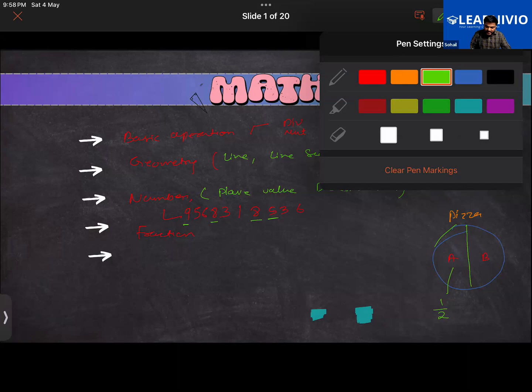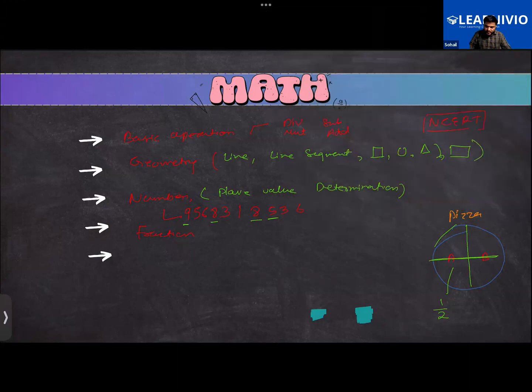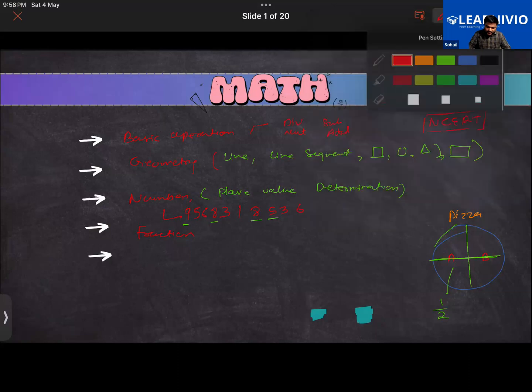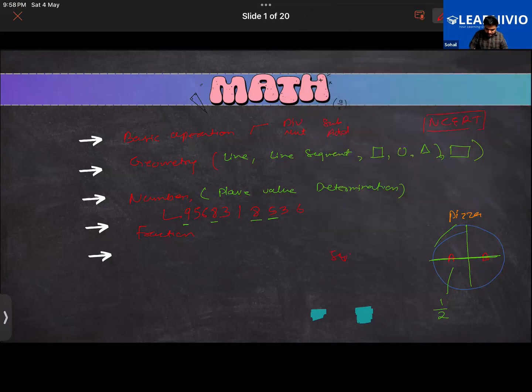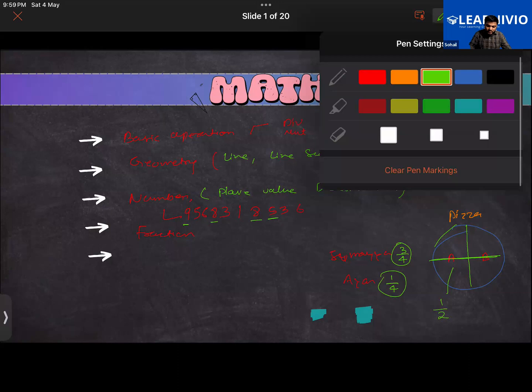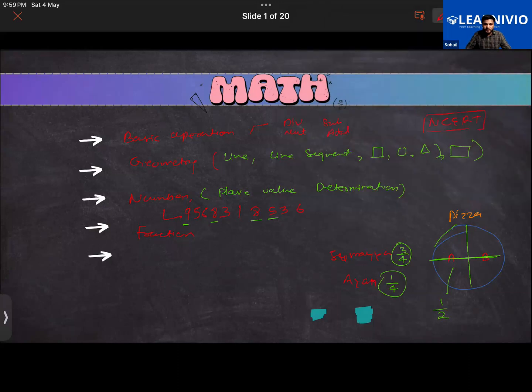Let's say I gave 3 by 4 of the pizza to Sumaiya, and I gave 1 out of 4 of the pizza to Ayan. Then the question comes, who got more pizza? Sumaiya, obviously, right?